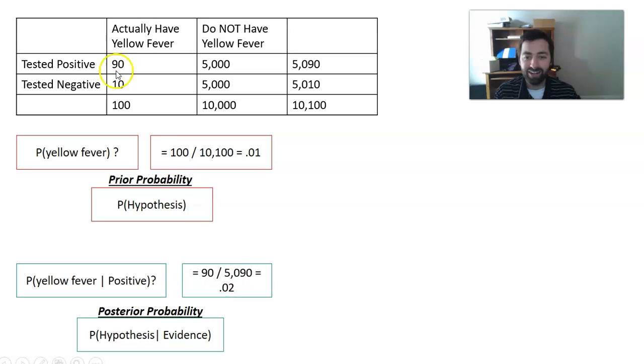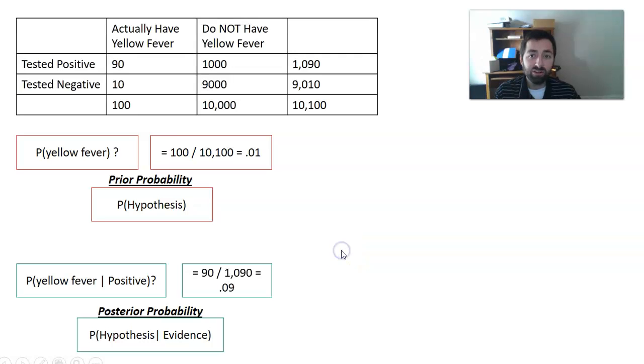So now if the test comes back positive, there's only a 2% chance that it's accurate and that you actually have yellow fever at this point. And that's because I made the evidence worse. I made the test worse. So a simple point, talking about these posteriors: as the evidence gets better, the probability that your hypothesis is true gets higher. As the evidence, or your test, gets worse, the chance of the hypothesis being correct gets lower.